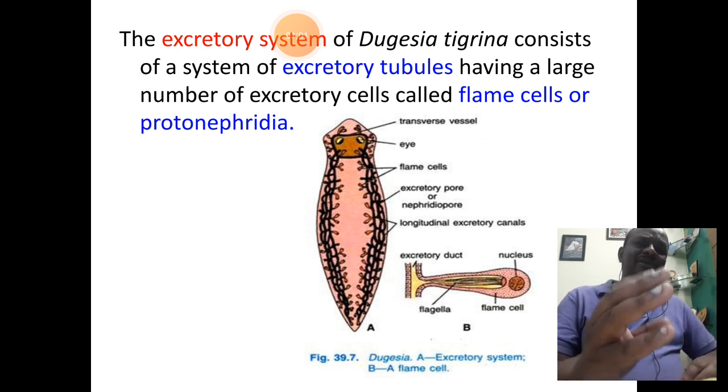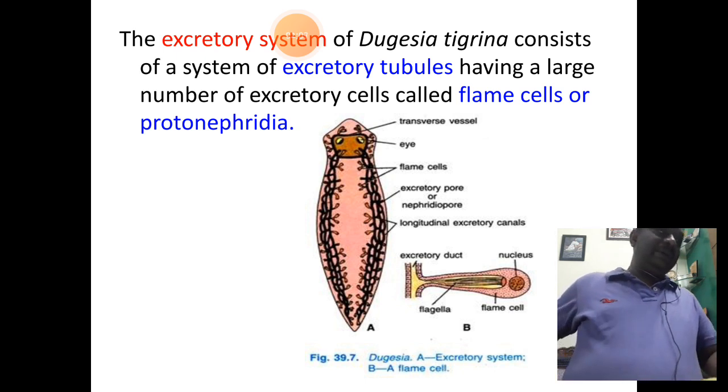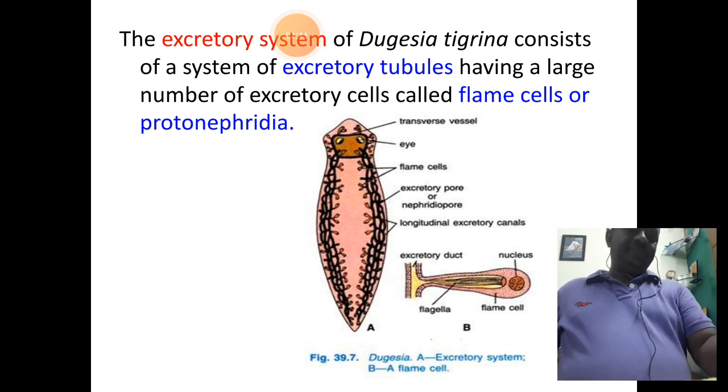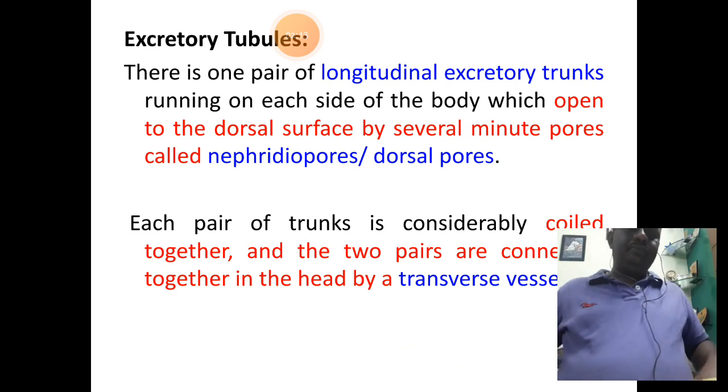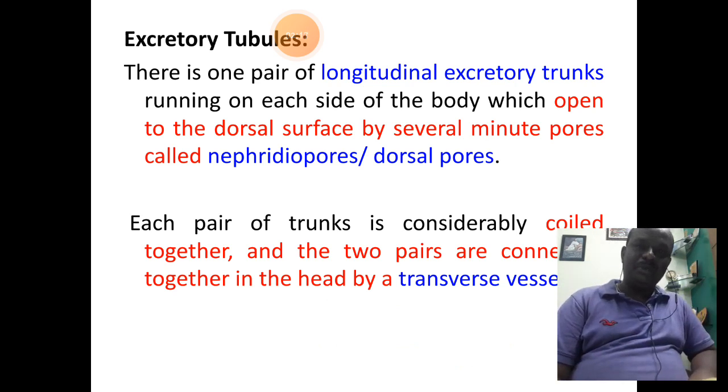So these are two major parts of the excretory system in case of Planaria. The first part we shall understand in detail, excretory tubules.